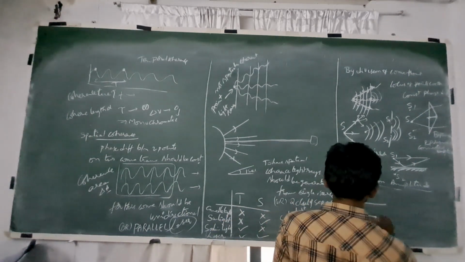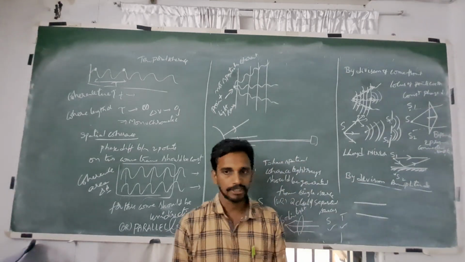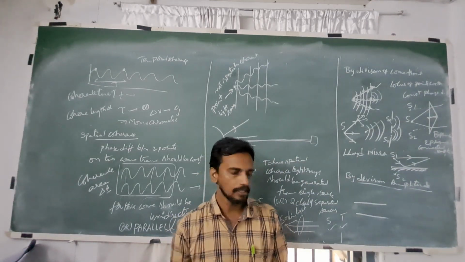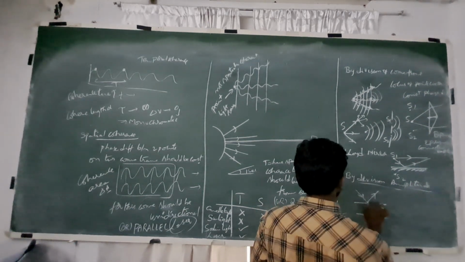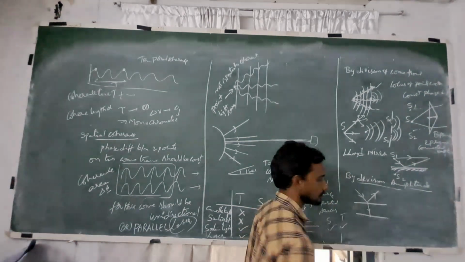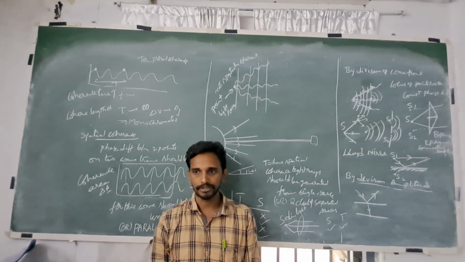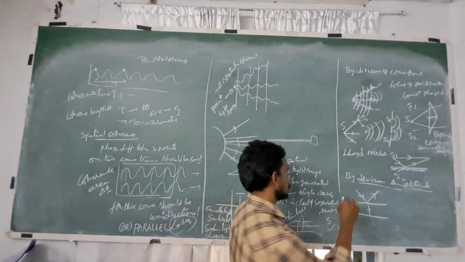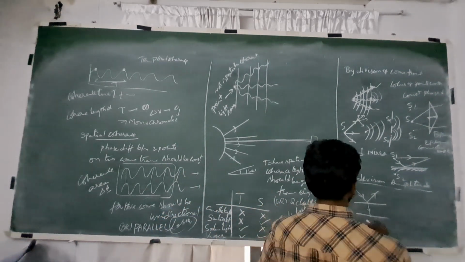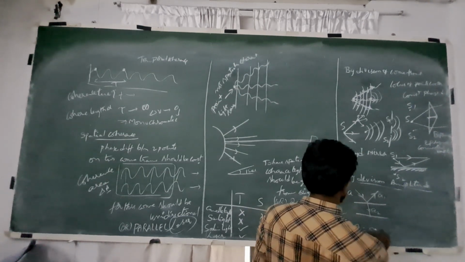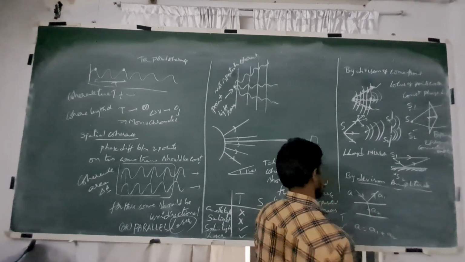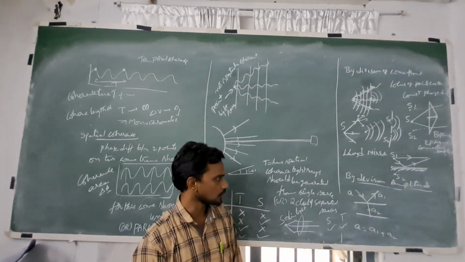So let's say when light falls on a material, a part will be reflected and a part will be refracted with a division of amplitude. Let's say if we start with amplitude A, this A is divided.